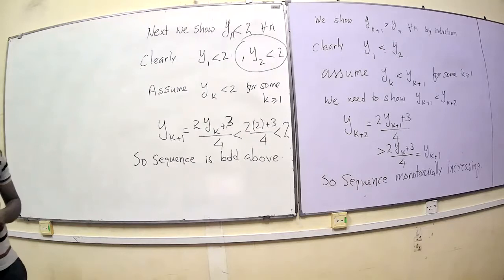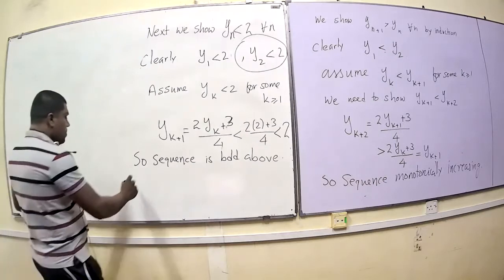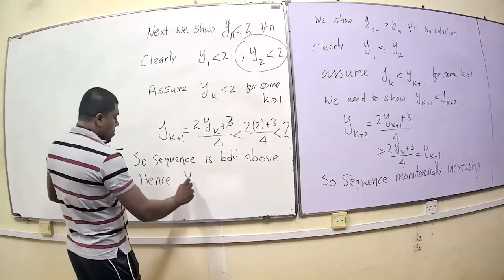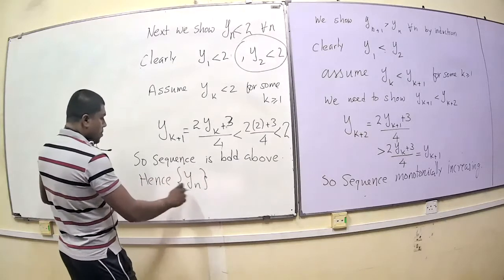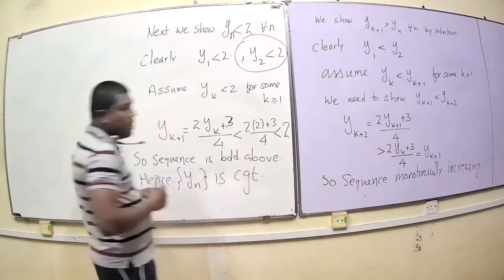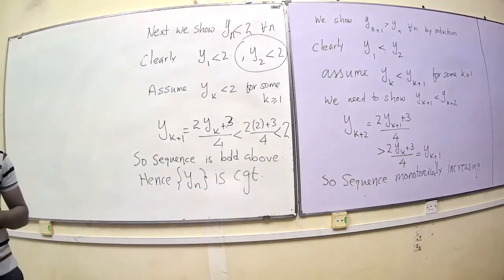So by monotone convergence theorem, right? Hence, the sequence is convergent. Right? So this is how you show the convergence of a sequence.